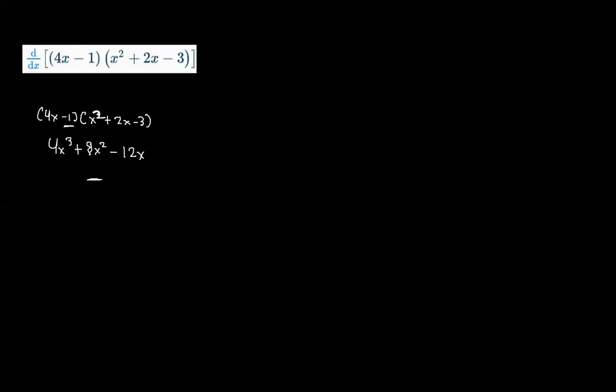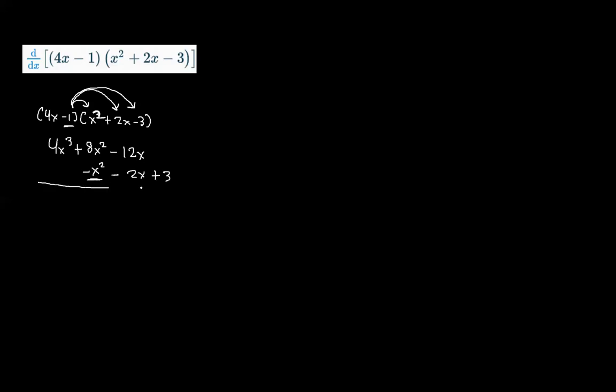So we're going to start at this place. Negative 1 times x squared will give you negative x squared. Next, negative 1 times positive 2x will give you negative 2x. Then lastly, negative 1 times negative 3 will give you positive 3.